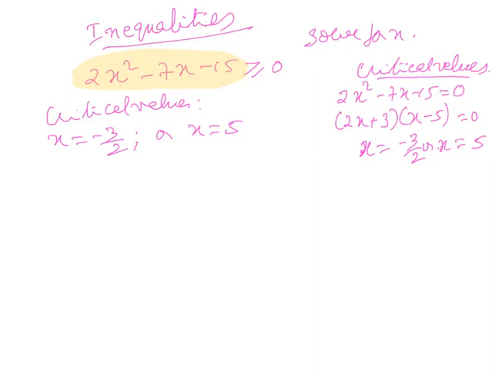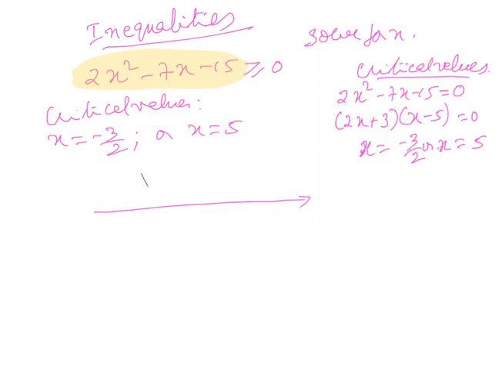Now I have to form the inequality here. I see this is a quadratic, and the shape of a quadratic is a parabola, and this is definitely a positive parabola. So I will draw a parabola here.